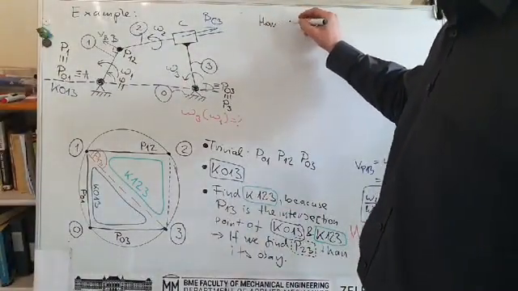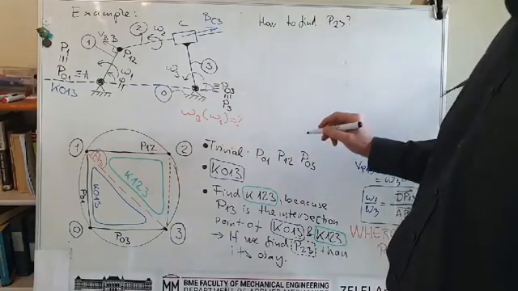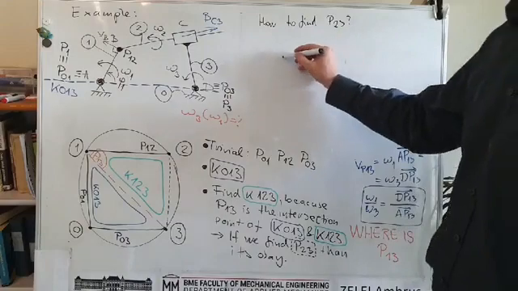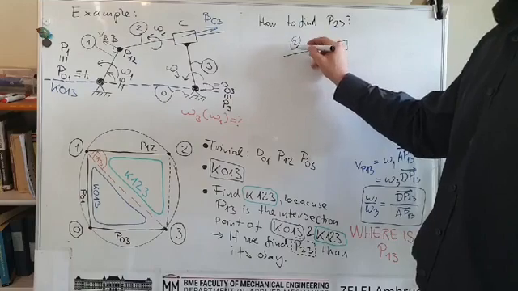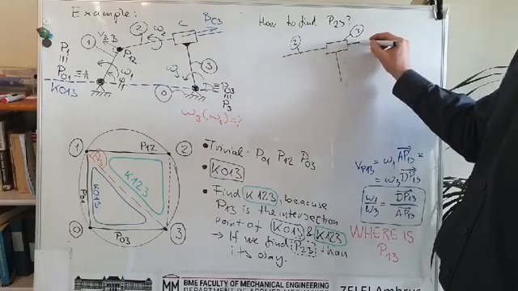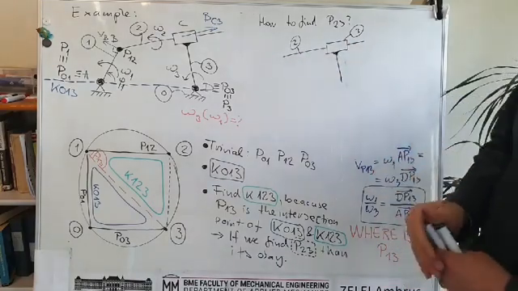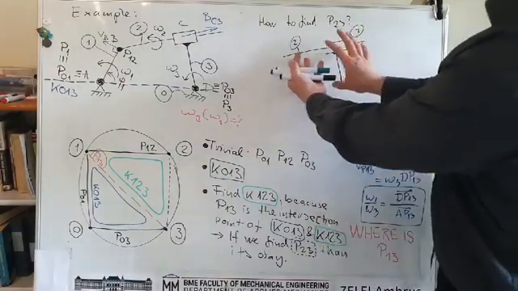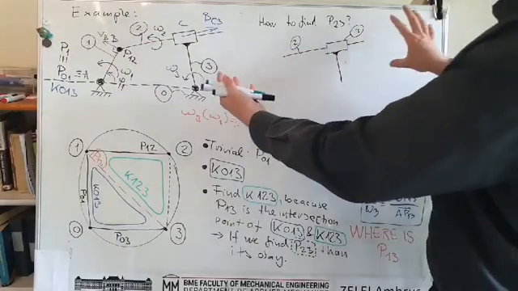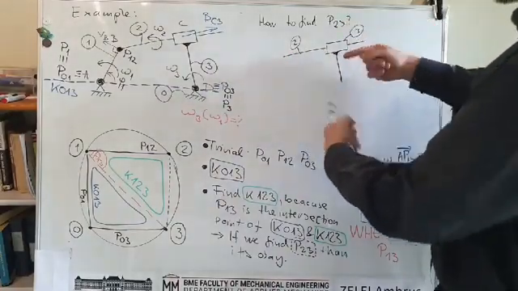We will create another separate drawing just to help understand everything, how to find P2,3. So for this reason I will just draw rigid body number 2 and rigid body number 3. This is 2 and this is 3. What we didn't talk about, but it can happen, is that these two rigid bodies have a linear or translational motion relative to each other. There is no relative rotation between them.